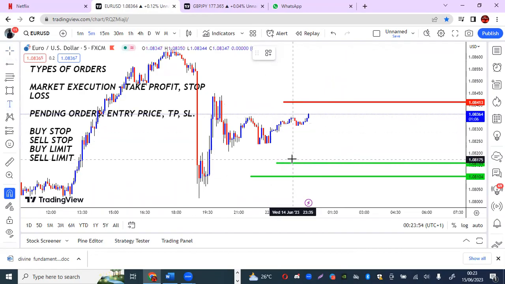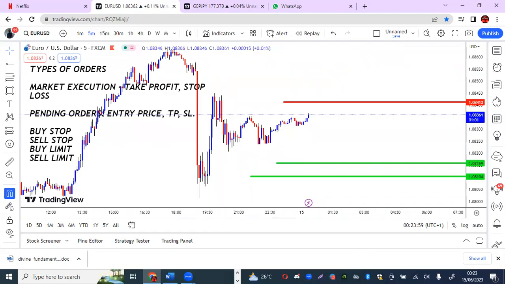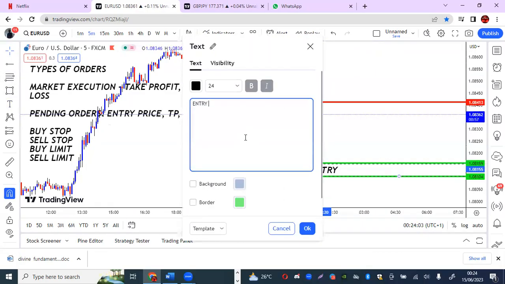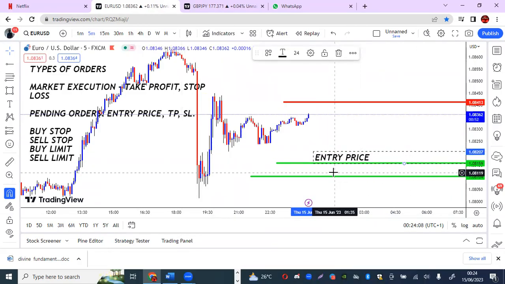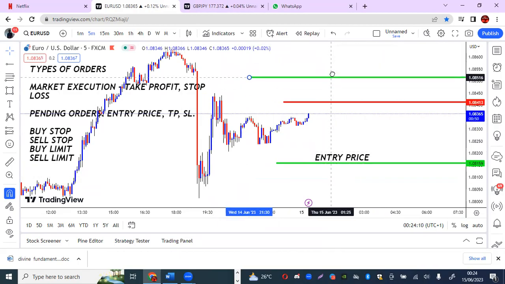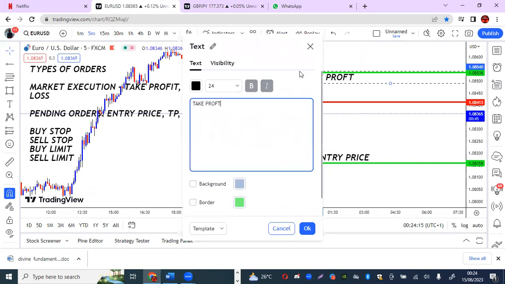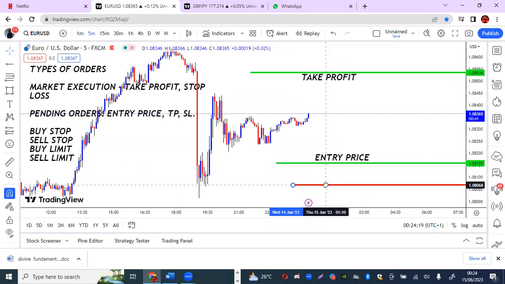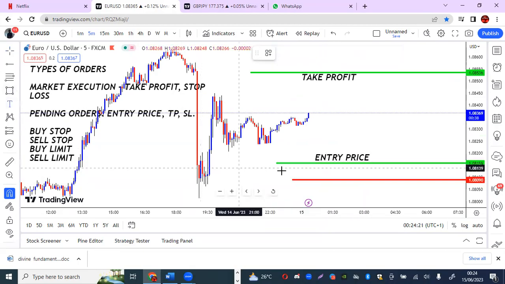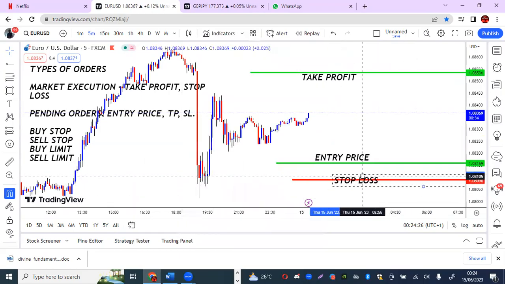Let me put the entry price here. So this is the buy limit.